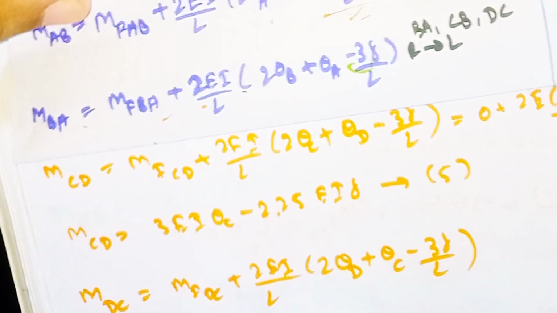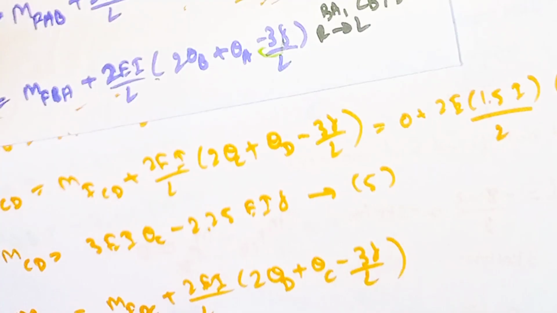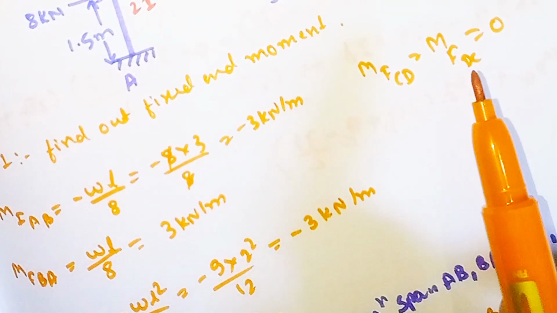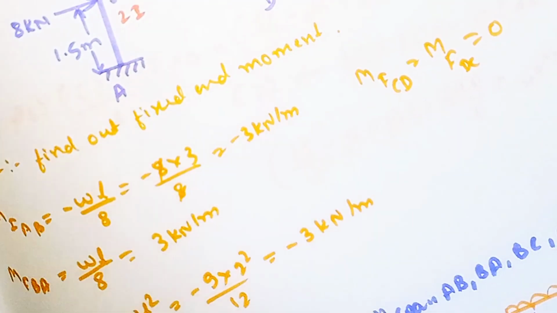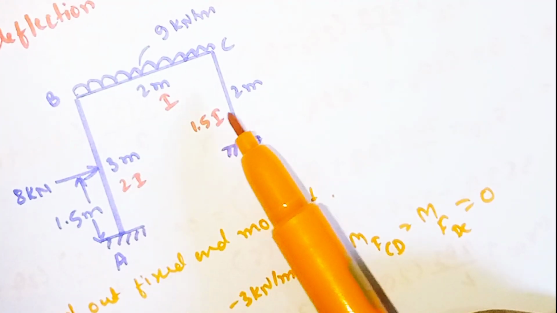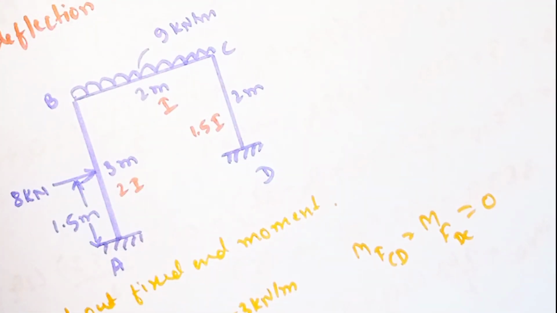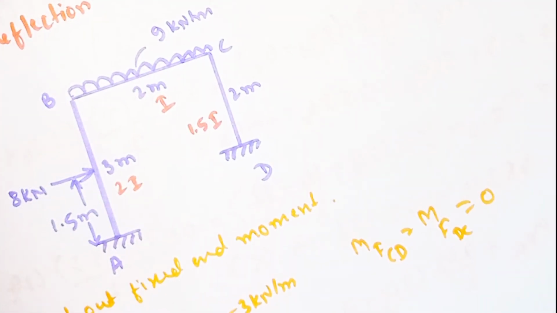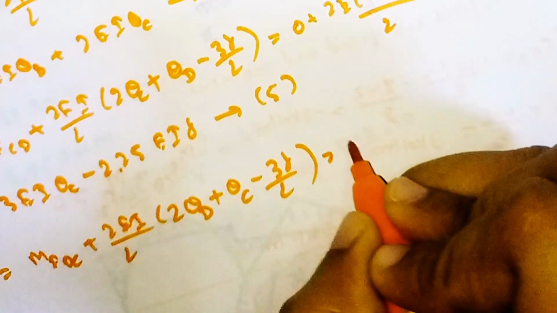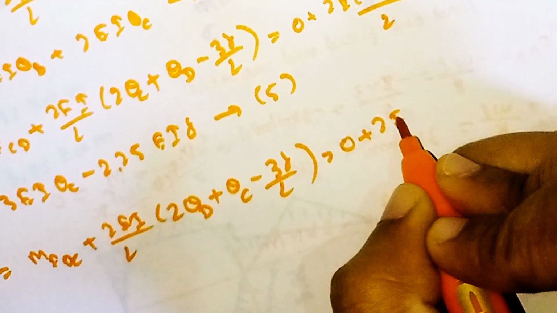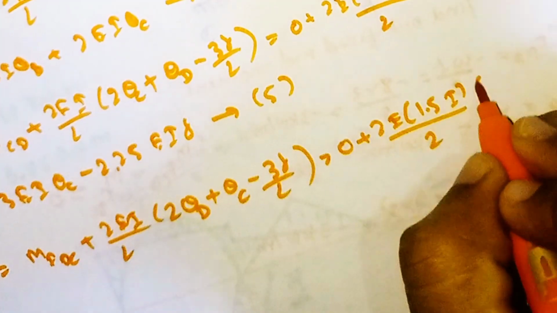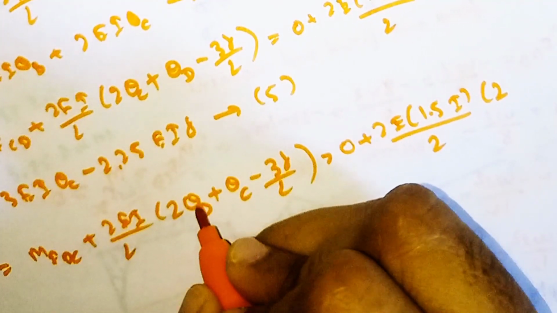Substitute all the value. MFDC value we got was 0 because there is no loading acting at span DC. So that's why our MFDC value becomes 0. So put this value there. And here the I value is 1.5i and length is 2 meter. I am directly substituting this value in the equation. MFDC value is 0 plus 2 into E into I value is 1.5i divided by length is 2. 2 into theta C and theta D is the fixed end.